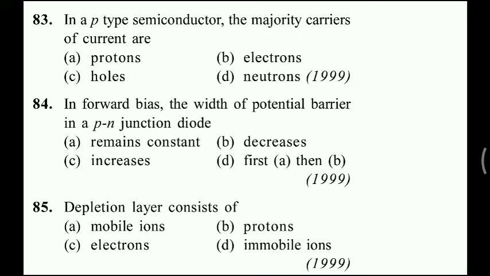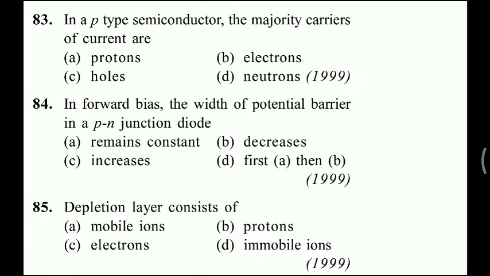In a p-type semiconductor, the majority charge carriers are holes. In the forward bias, the width of the potential barrier of a PN junction diode remains constant, decreases, or increases? It decreases. The depletion layer consists of mobile ions, protons, electrons, or immobile ions?